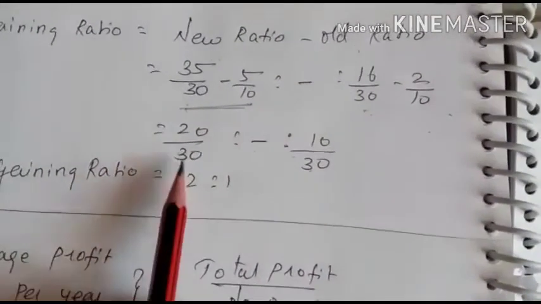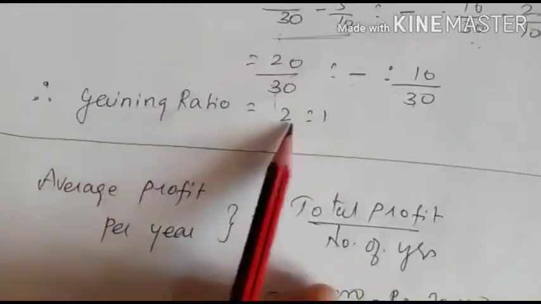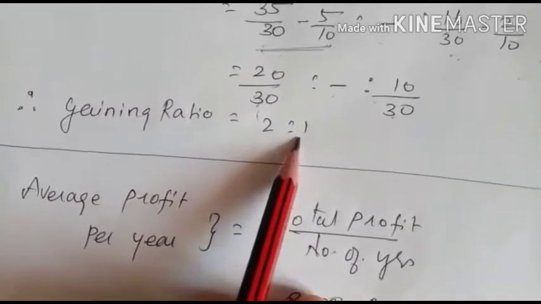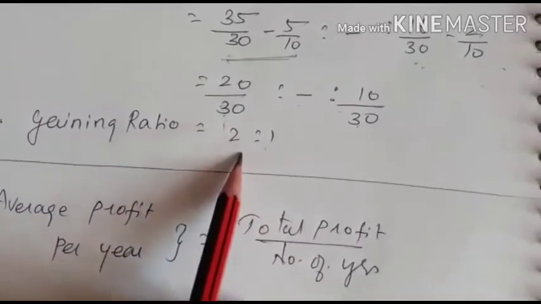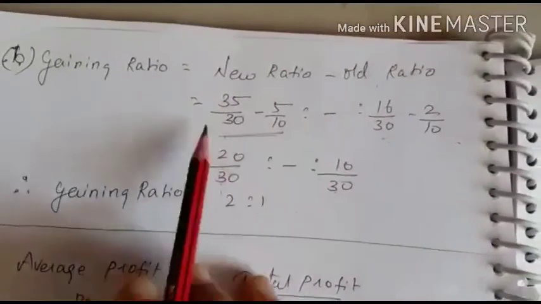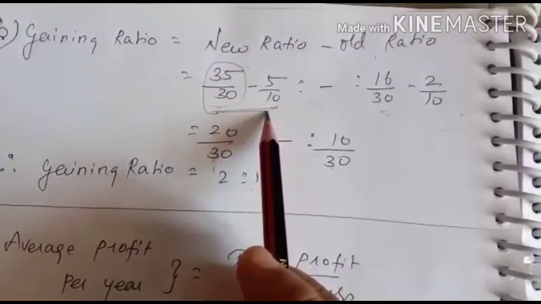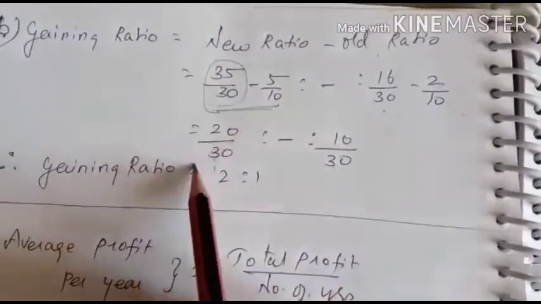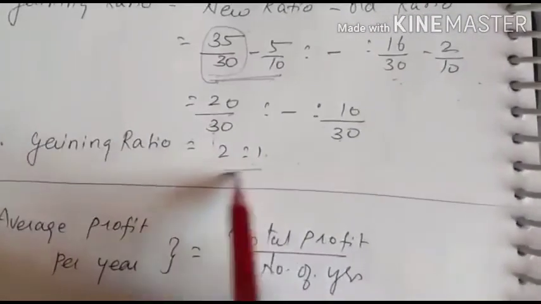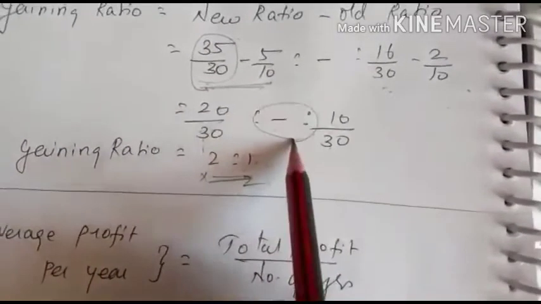So 20/30 to 10/30. That is the new gaining ratio, 2:1. This is their new ratio when a partner retires from the business. So first we found the new ratio, from that we deducted the old ratio, and from that we get the gaining ratio. Now this is X's ratio and this is Z's ratio. Y retires. Okay.